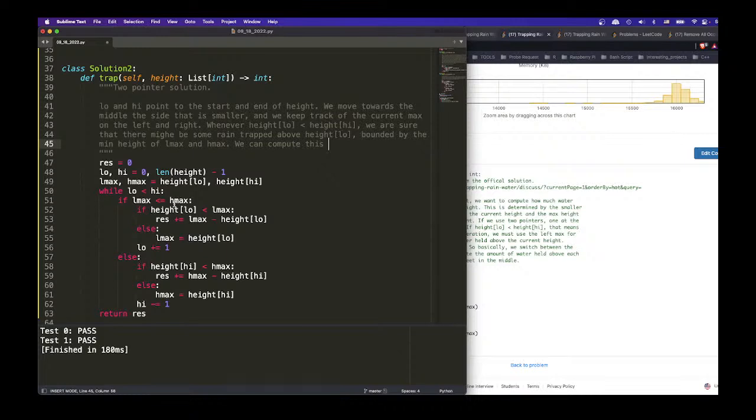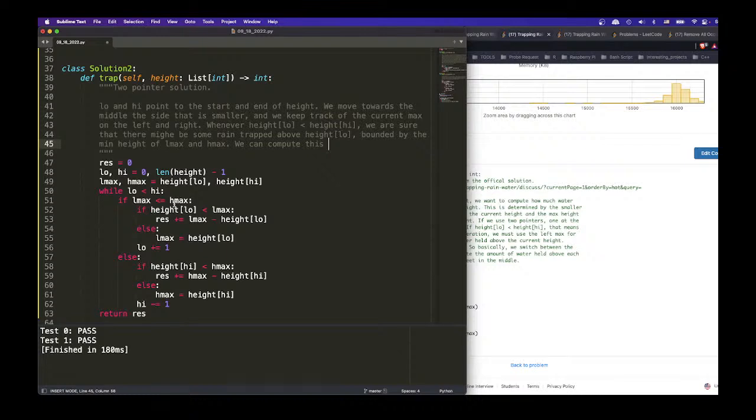Why is this not right? Because the low max is smaller or equal to high max, and we have a low that is smaller than low max.